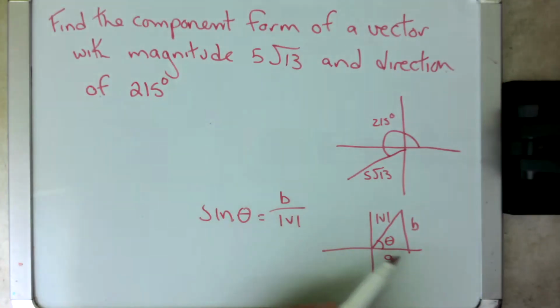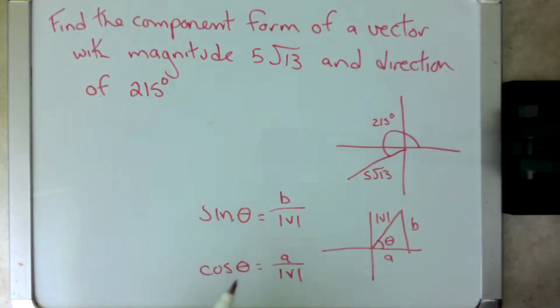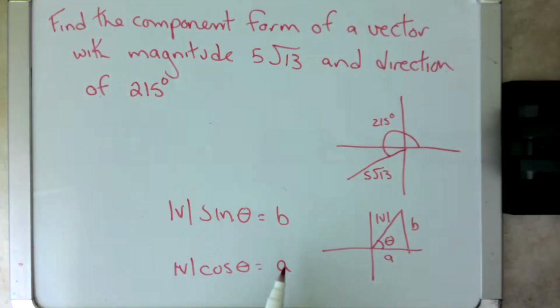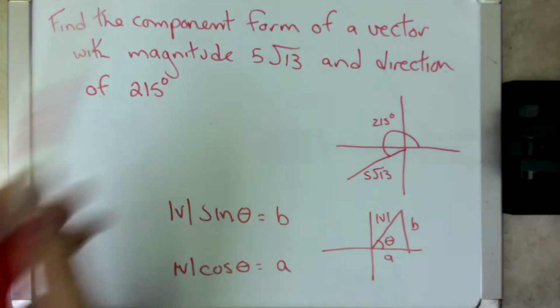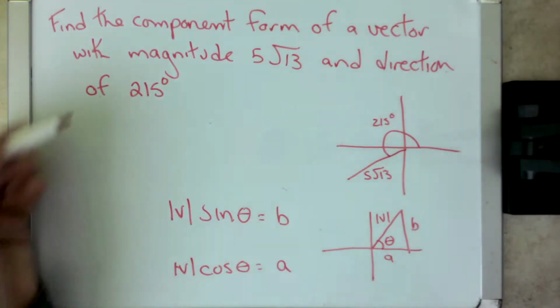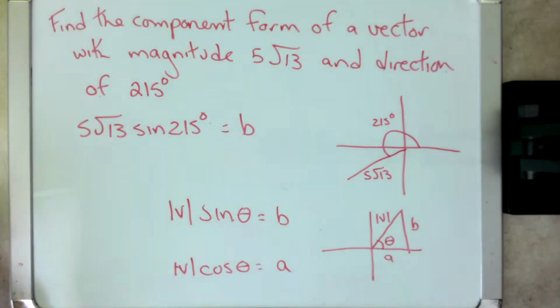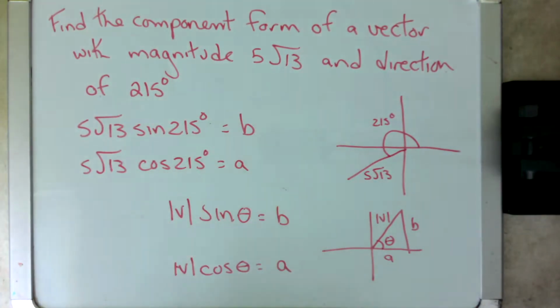And I know that adjacent over hypotenuse is my cosine of theta. So if I want to solve for just b or just a, I would multiply that magnitude over to the other side. And that right there is how I find my two components. So here I've got my magnitude, I've got my theta, that will get me my b. Magnitude, theta, that will get me my a.